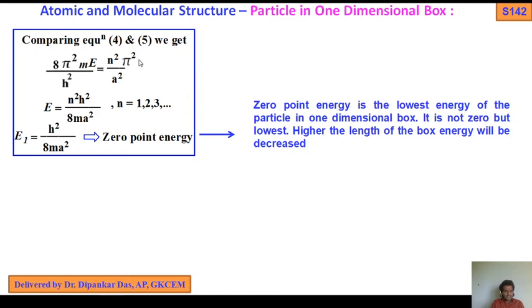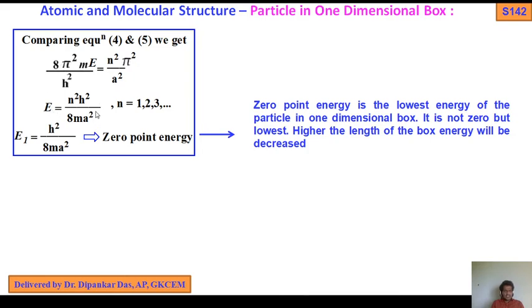Because pi square cancels out, E equals n square h square divided by 8 m a square, because pi square cancels out. So we get E equals n square h square by 8 m a square.